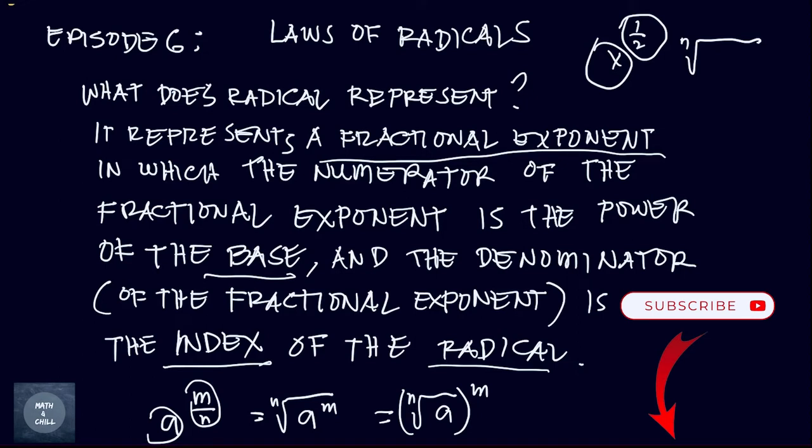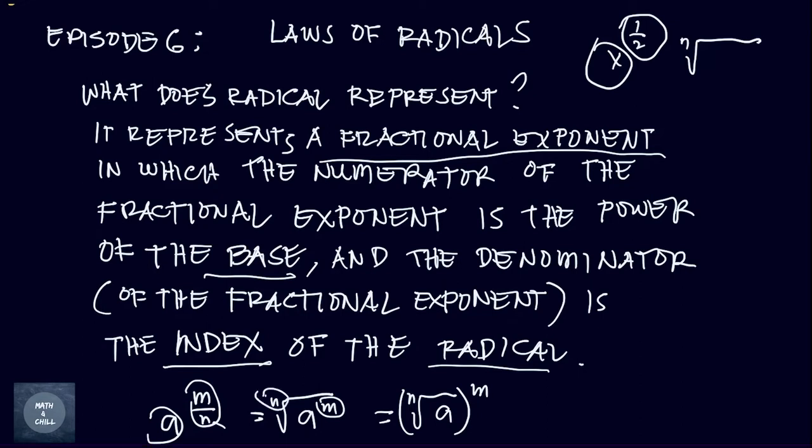In which the numerator of the fractional exponent is the power of the base. Ang denominator kining n, mahimo siyang index sa radical. So equal ra siya sa the quantity of the nth root of a raised to m. Mas masabtan nato siya kay maghatag ta mga example. So padayon ta.